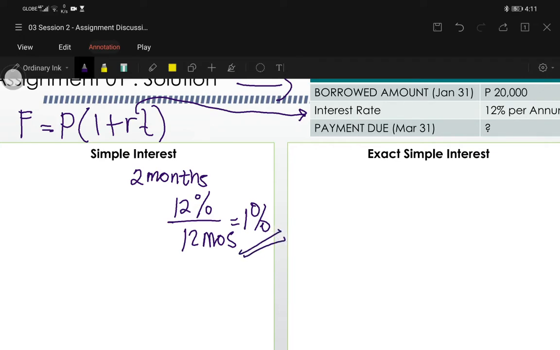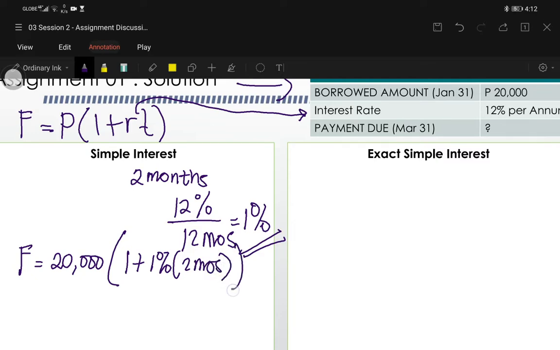So, given that you already know the interest rate per month is 1%, you can already compute the future amount using simple interest. The present amount, or the amount of money borrowed, is 20,000 multiplied by 1 plus the interest rate of 1% times 2 months, close parenthesis.